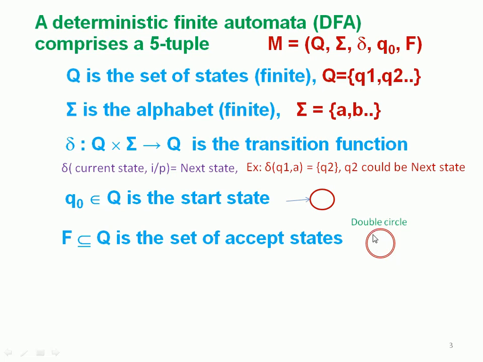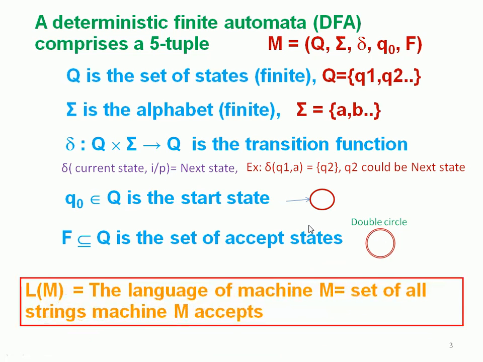So these are the 5 major tuples employed to construct the deterministic finite automata. Then we have L, that is the language of a machine M. The language of machine M is the set of all strings that machine M accepts. So the set of all strings that the machine accepts, we call it the language of the machine, right?